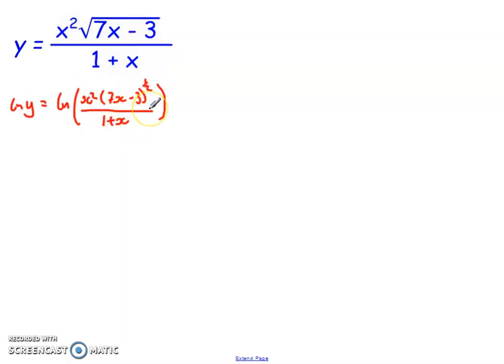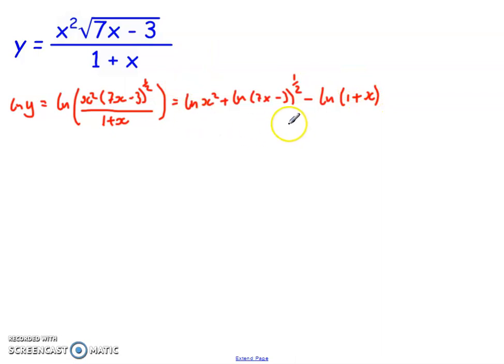Now this side here, again, I can split up using the rules of logarithms. What I'll end up with is ln of x squared plus ln of 7x minus 3 to the power of a half, take away ln of 1 plus x.